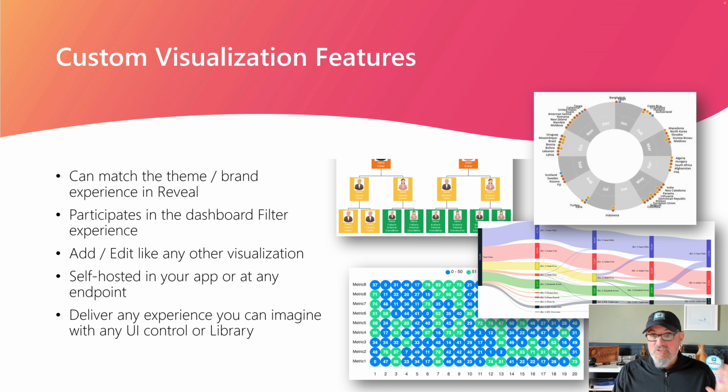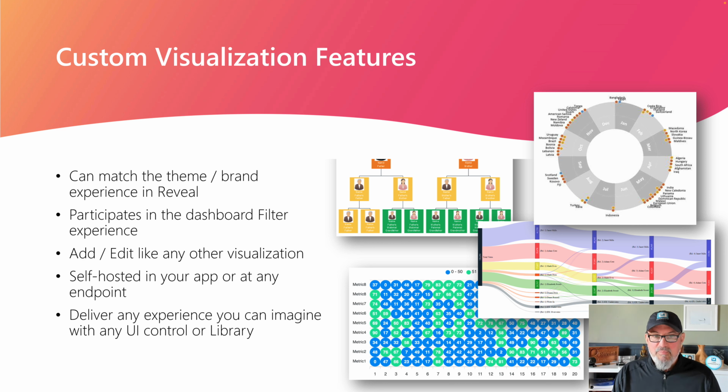It is self-hosted, so it's wherever you want it to be. In my application today, I have custom components in my core Reveal client app. You might have these at other endpoints, and you'll see when we add this custom visualization to the chart chooser how you can customize those endpoints. And our goal really is that you can deliver any experience that you can imagine with any UI control or library.